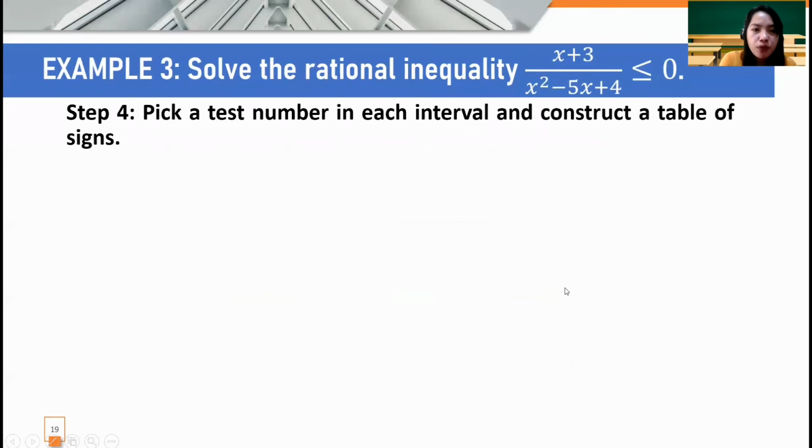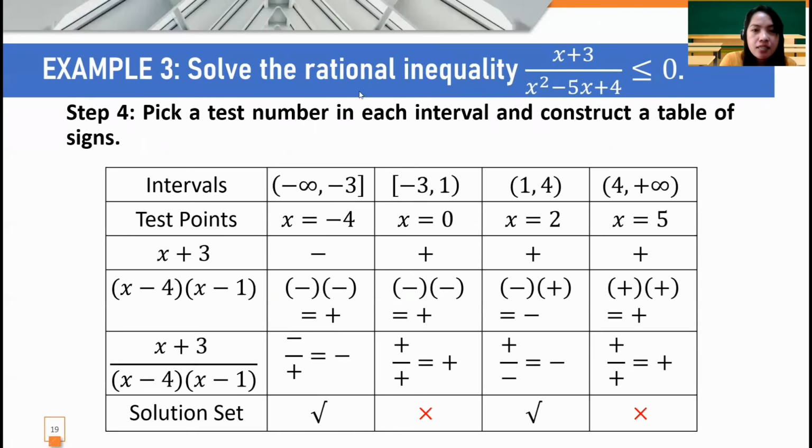For step number 4, in the table of signs, take note natin yung mga intervals na nakuha natin from step number 3. And we're going to identify test points in each interval. So from the first interval, ang pwede natin kunin na test point ay negative 4. We can use negative 5, negative 6, as long as that number is inside this interval.